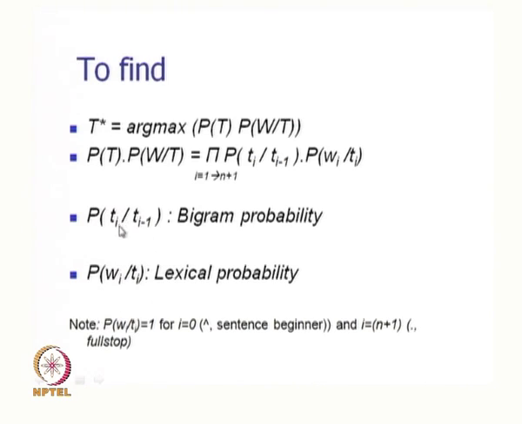These probabilities are obtained from the corpora. We will see very soon how to do it. Now, these corpora are all POS tagged corpora, the annotated corpora, and they produce the counts for computing these probabilities.